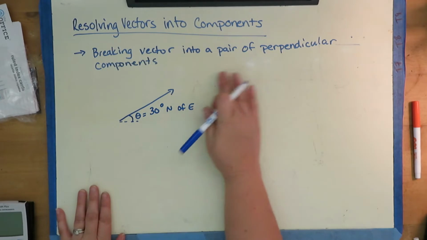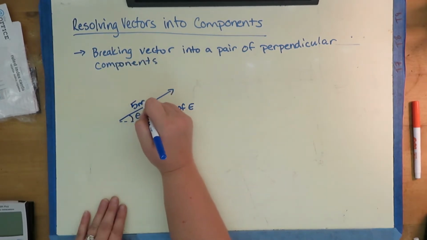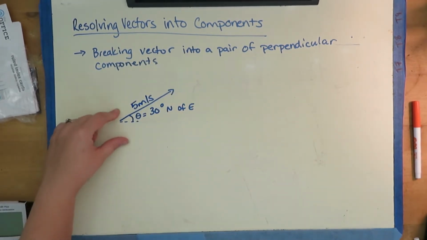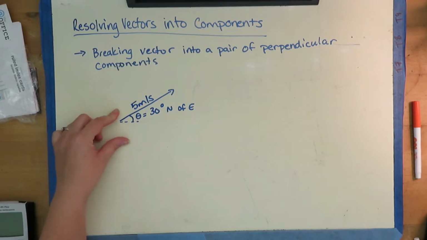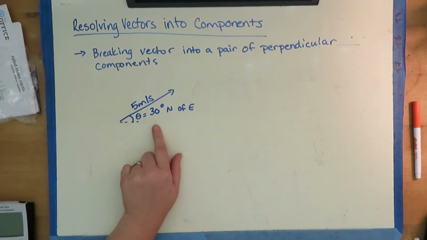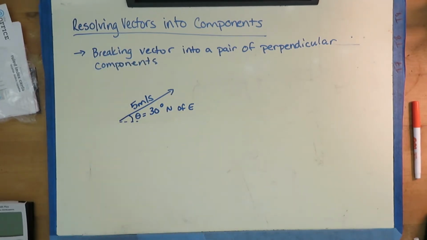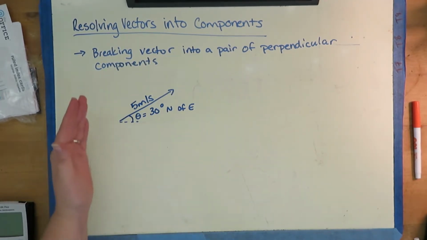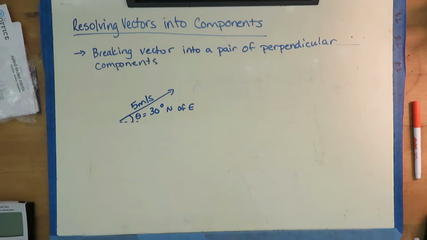And I just label that over here, 5 meters per second. The 5 meters per second represents the magnitude of this velocity vector, and 30 degrees north of east represents its direction. So essentially I have gone east and I have gone north.